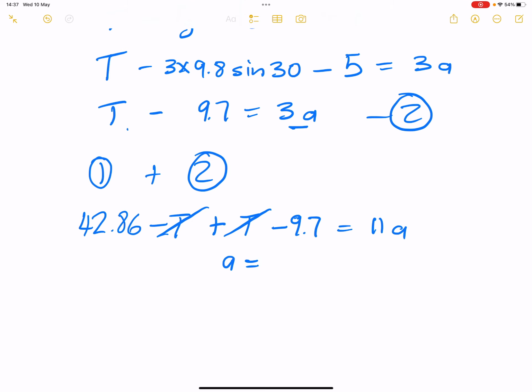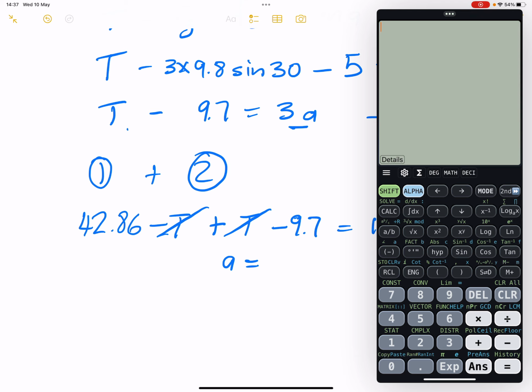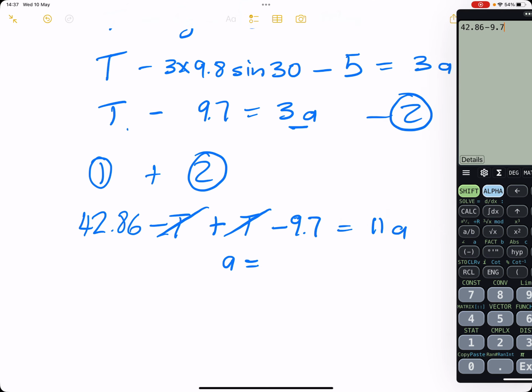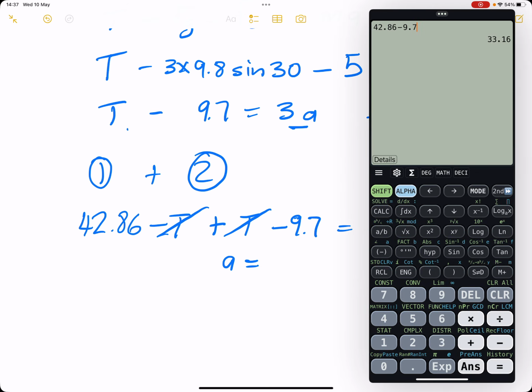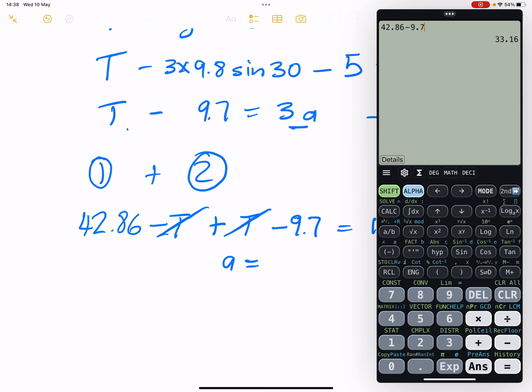So I'm going to say 42.86 minus 9.7, so that gives me 33.16 there. I'm going to divide that by 11.